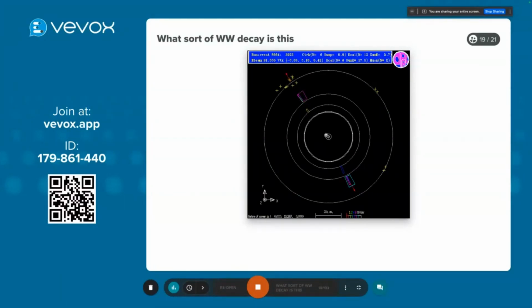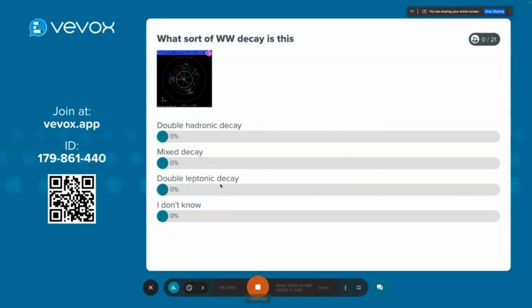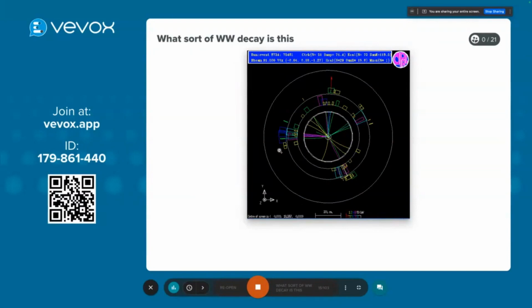Although strangely enough, it hasn't left a visible track, which is a bit strange. Maybe the tracker was not quite functioning correctly in this particular recording of this event. But I agree with you that it's a double electronic event.